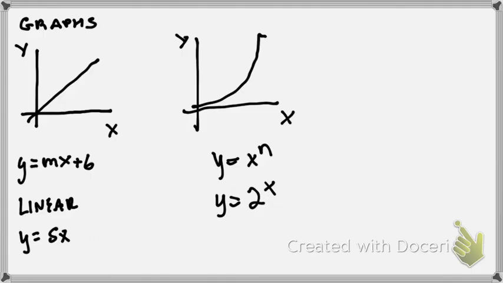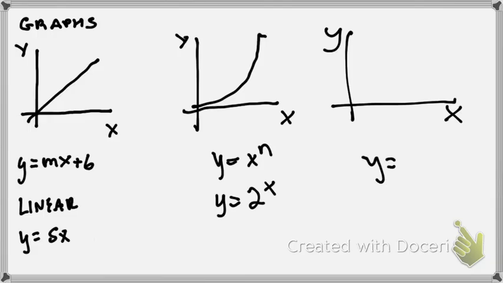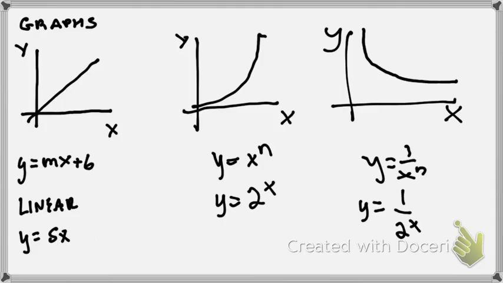And just like that, we also have the opposite, which is the inverse of that, which is y is equal to 1 over x raised to n, and that is going to be the inverse of our exponent. And this would be more of something like y is equal to 1 over 2 raised to x. All right, so those are 3 graphs that you need to know.